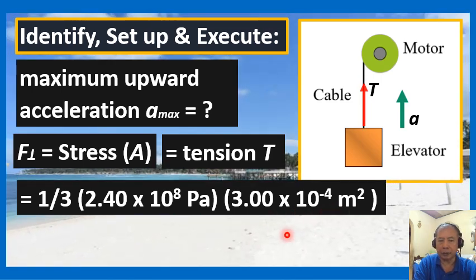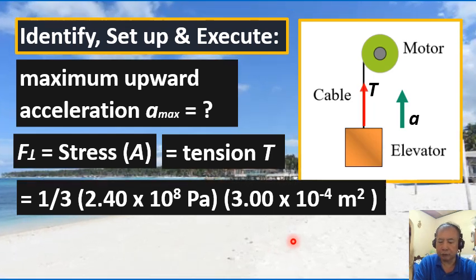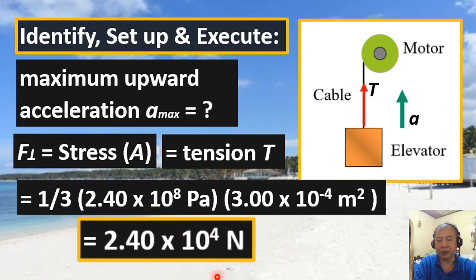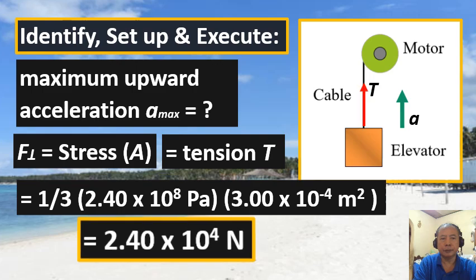So when we do our math, we get the amount of tension force, capital T, equal to 2.40 raised to the 4th power Newton in three significant figures.